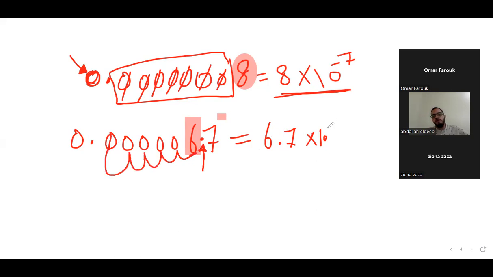To the power of -6. Here 6 is 1 digit, and here 1, 2, 3, 4, 5 zeros. 5 zeros and 1 digit. So it is -6. Thank you, Zena.